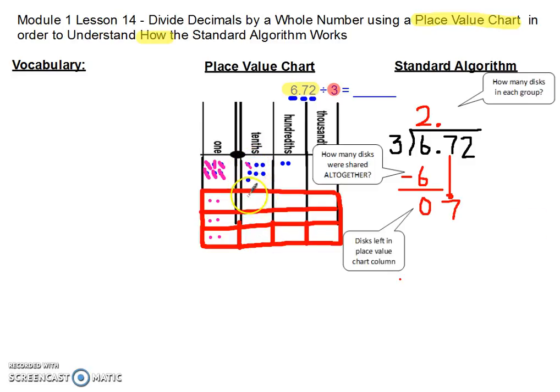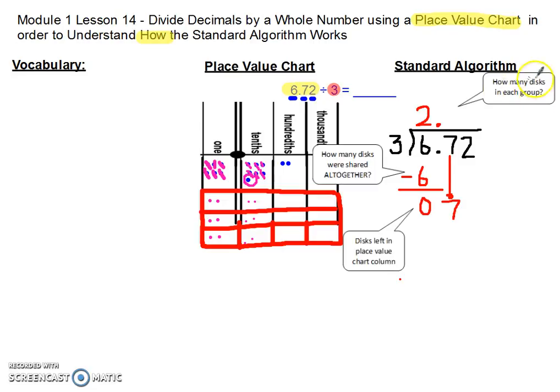So I have 1, 2, 3, 1, 2, 3, oops, I didn't share it correctly. That one should have gone here, and then 3. Now I have 1 left, and I can't share that equally among my 3 groups, so I'm going to stop for now and go back to my standard algorithm.